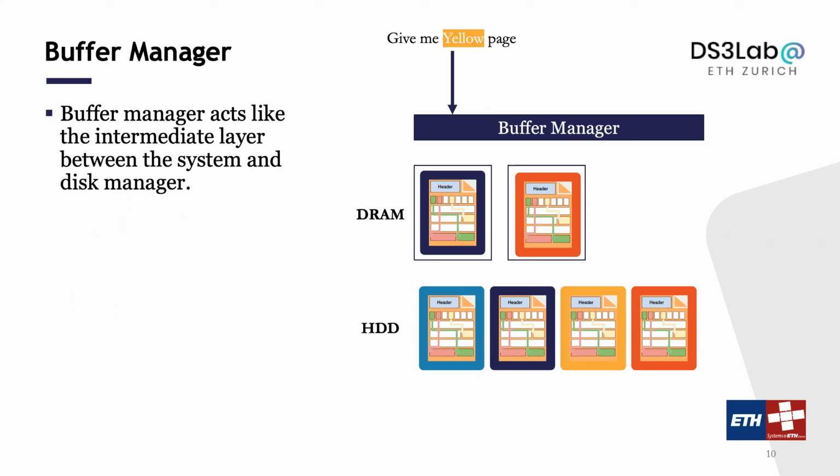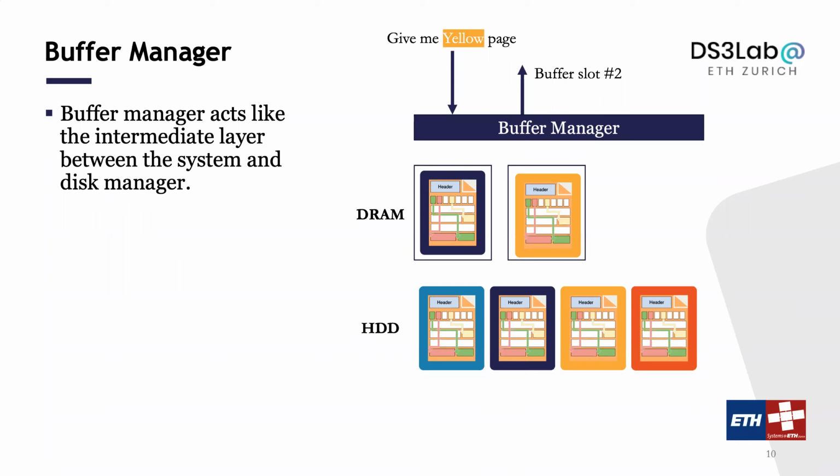Here, one key design decision the buffer manager needs to make is to pick one page to evict from the DRAM back to the hard drive, and then open up an empty slot, and then read this yellow page, and then get back to the upper layer. So as you can see, the buffer manager is really trying to do this very simple thing, right?